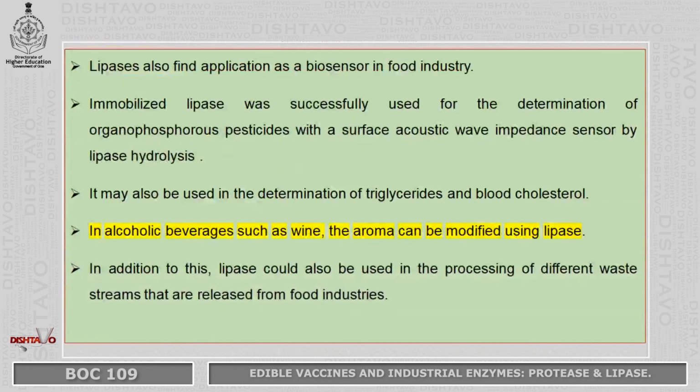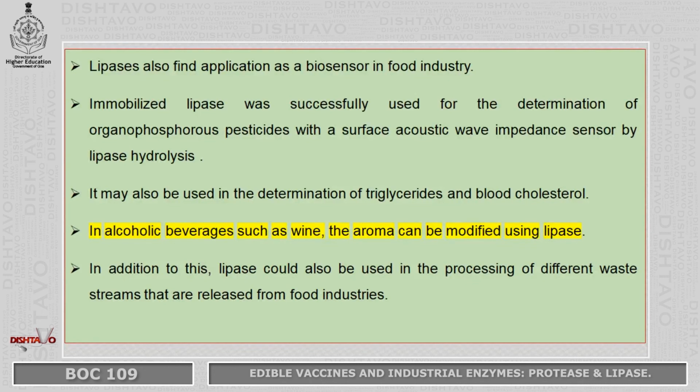Lipases are also used as biosensors in the food industry. Immobilized lipase was successfully used for the determination of organophosphorus pesticides with a surface acoustic wave impedance sensor by lipase hydrolysis. It may also be used in the determination of triglycerides and blood cholesterol.